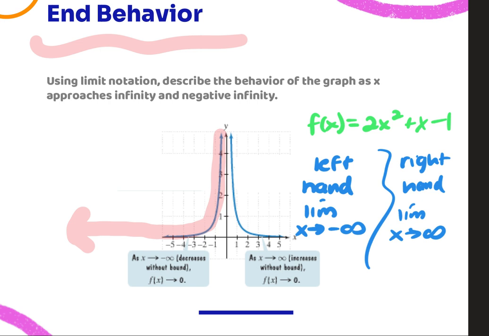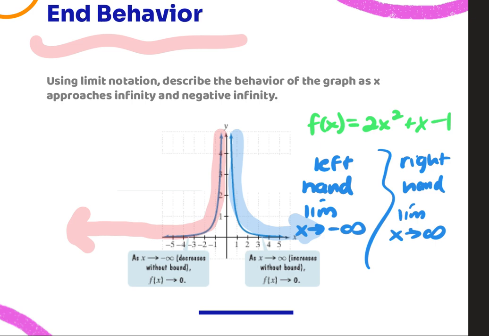And then if I'm talking about the right-hand side of the graph, I'm going to the right, my y values start high up here, and then they get lower and lower and lower, and they continue on forever in that direction, getting closer and closer to the x-axis, but never touching it. So I would describe that end behavior as approaching 0, okay?